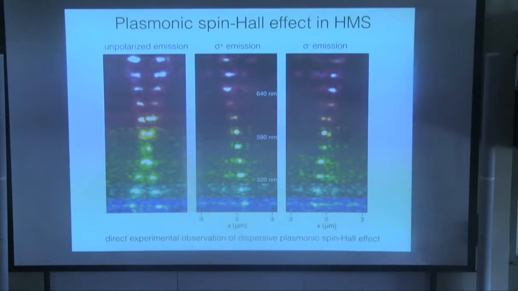But what's unique to our system is that we have these very dispersive equifrequency contours. So simply by changing our frequency, we can effectively flip the sign of this plasmonic spin Hall effect, whereas now in the hyperbolic regime, plasmons propagating to the right have sigma plus polarization, and plasmons propagating to the left have sigma minus polarization.